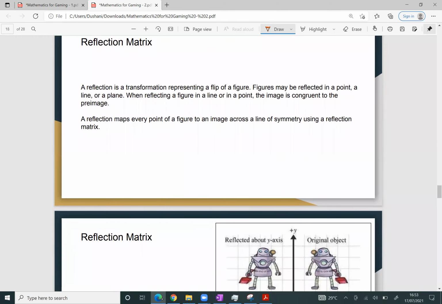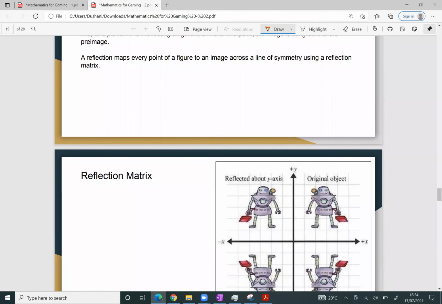Then when it comes to reflection matrix, here what we do is we kind of flip a figure. A figure could be reflected in a point or on a line or on a plane.